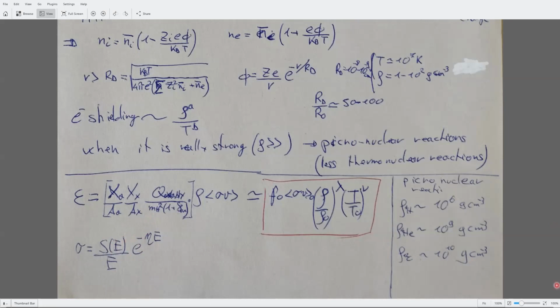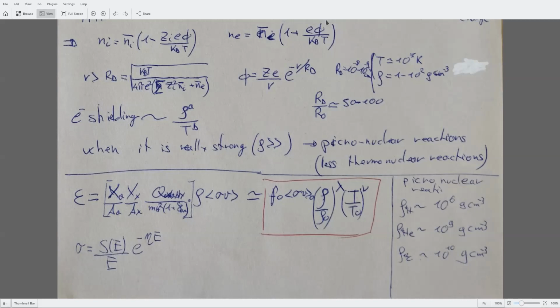This permits, instead of calculating everything, to measure the cross section in the laboratory, and then try to derive the value for a specific case, in a stellar case.